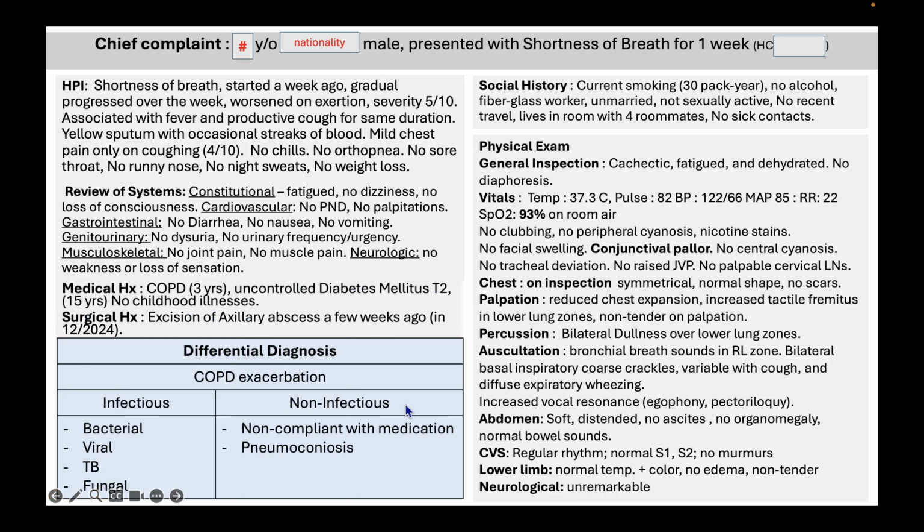It could be non-infectious, it could just be because this patient is not taking his medications regularly, and so he got the COPD exacerbation. And also because he's a fiberglass worker, this could be pneumoconiosis, which is seen with these kinds of workers.